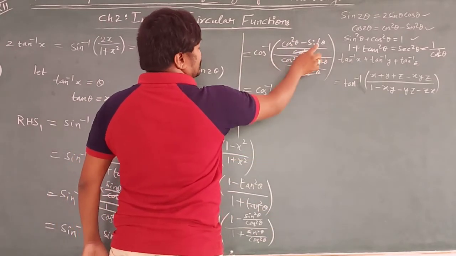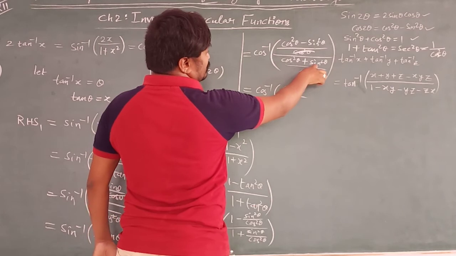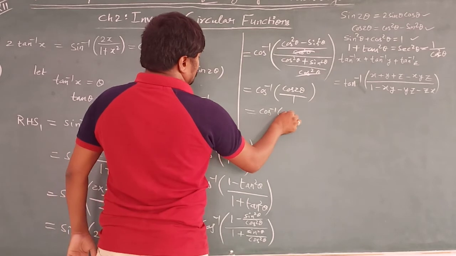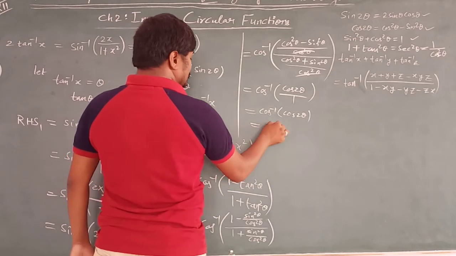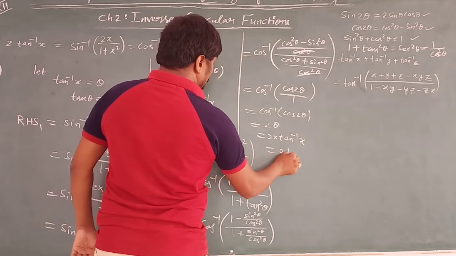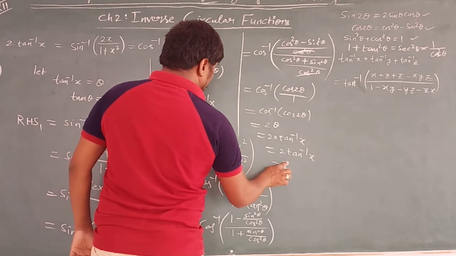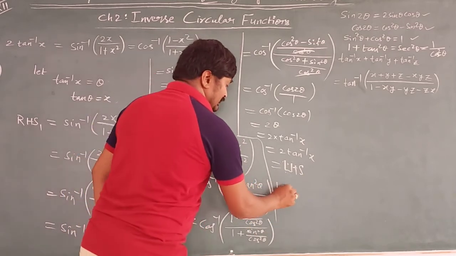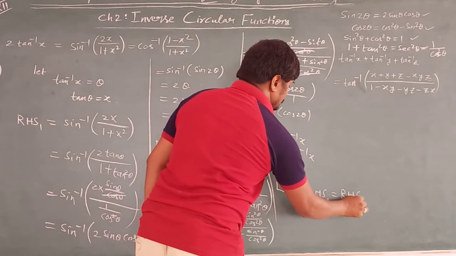Cos square theta minus sin square theta is nothing but cos 2 theta, and cos square theta plus sin square theta is nothing but 1. So cos inverse cos 2 theta, where cos and cos inverse get cancelled, and the answer is 2 theta. 2 into theta is 2 tan inverse x, which is equal to your LHS. So at last we can write that LHS is equal to RHS1 is equal to RHS2.